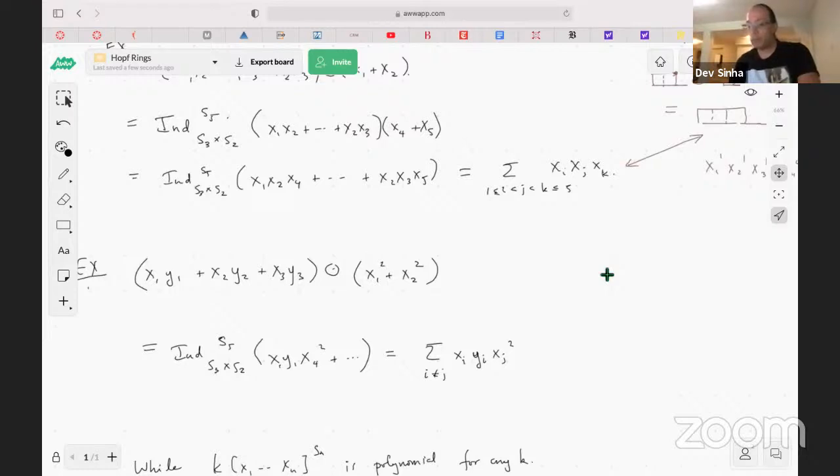So I would translate this as, so again, x1, y1 plus x2, y2 plus x3, y3. There I do have 3 sets of variables. But sorry, then this goes like this.